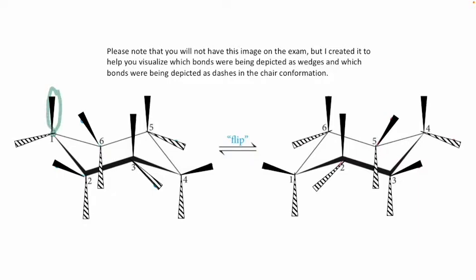It's not as simple as to say the wedge is always equatorial or the dash is always axial or something like that. It doesn't work like that, okay? So for example, if I move to carbon 2, the bond on top, the wedge, is in a different position. But at each carbon, the wedge is the one pointing up, and the dash is the one below.